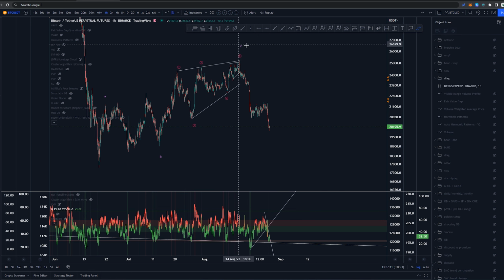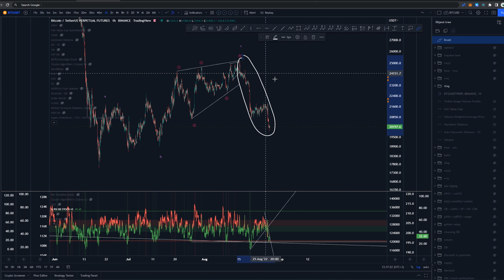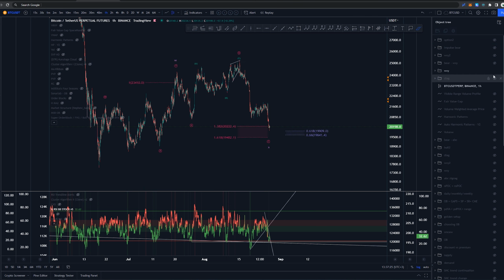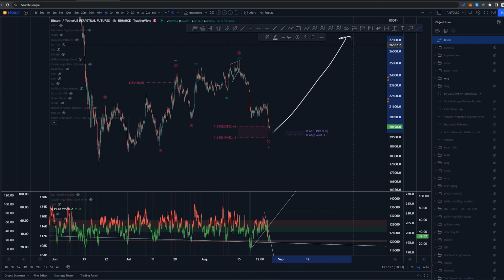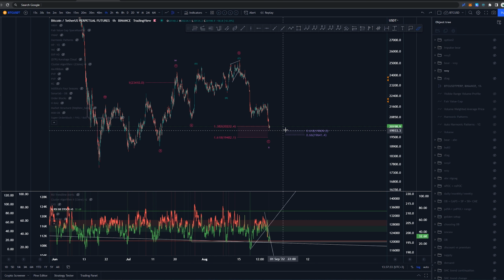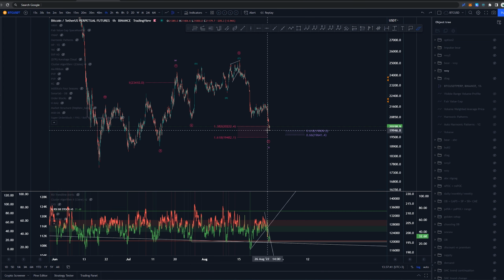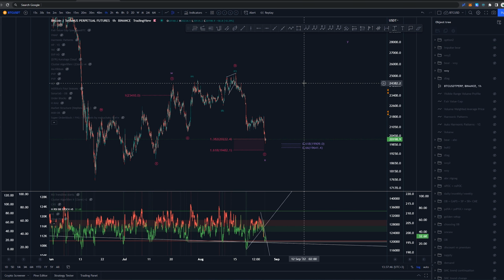But what is combining these both counts is that after these 5-wave moves, we are either looking up at a 3-wave move here to correct this move, or we would be looking at this WXY here and looking for higher prices. So these areas here are, to me, very good areas to look for long setups, as both of the higher time frame setups or the counts are looking at higher prices as well, as long as we get the conditions that we're looking for in here filled up. But yeah, that is pretty much everything I wanted to cover in Bitcoin at this very moment.